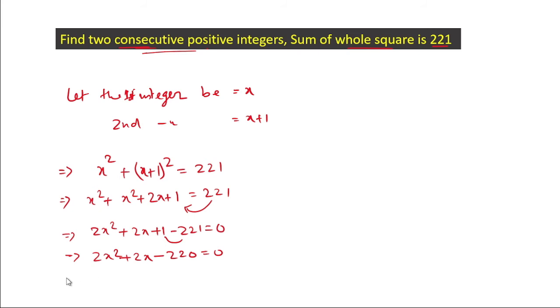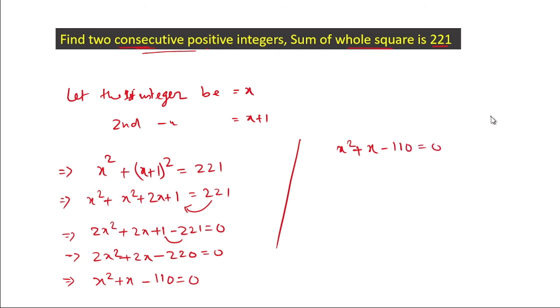Now we can simplify it by dividing by 2. It will become x square plus x minus 110 is equal to 0.